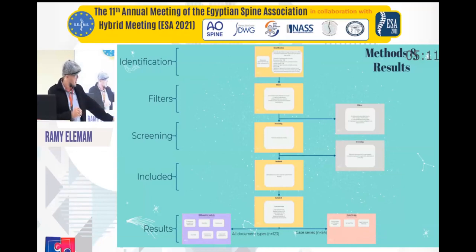And then coming to the results, which were used to assess two different things. The first topic was the bibliometric analysis of all of the publications that we made. And the second was to go over the study design of each of the clinical case series that were performed.